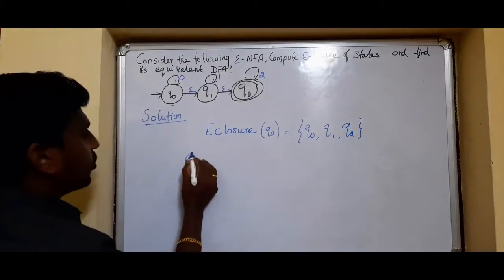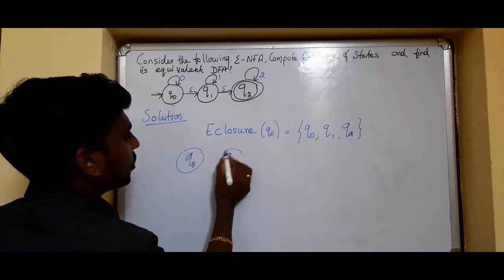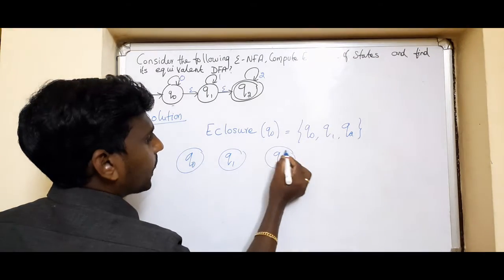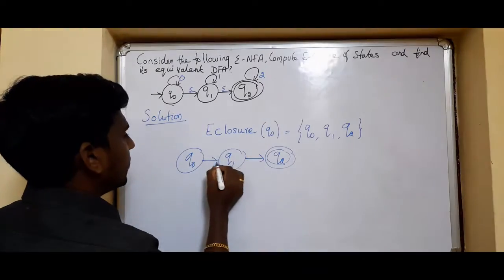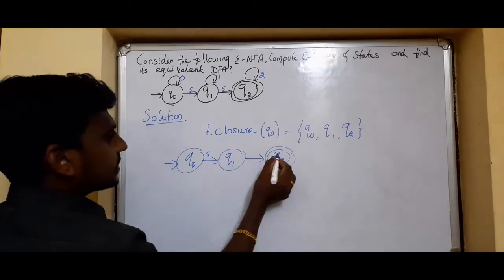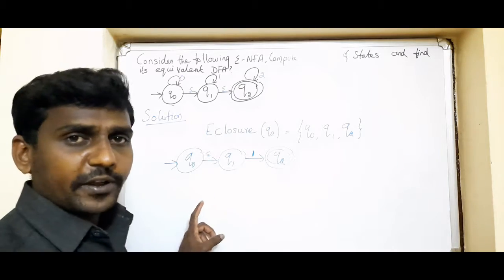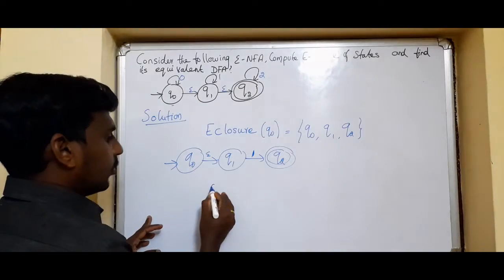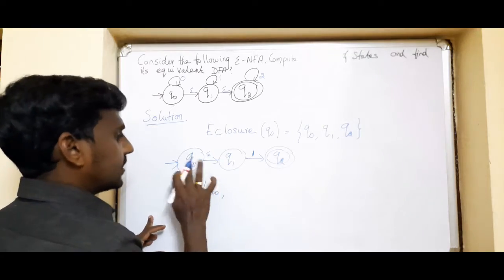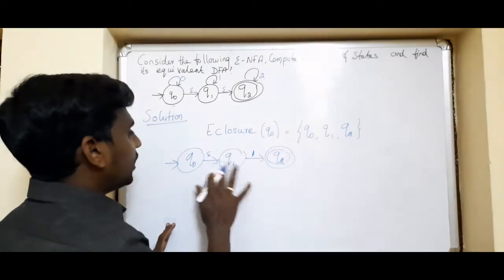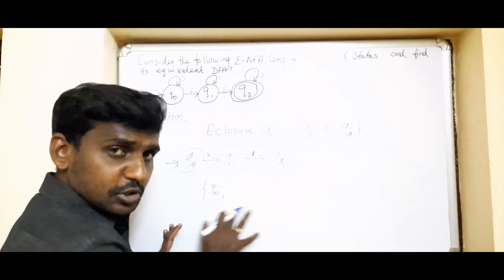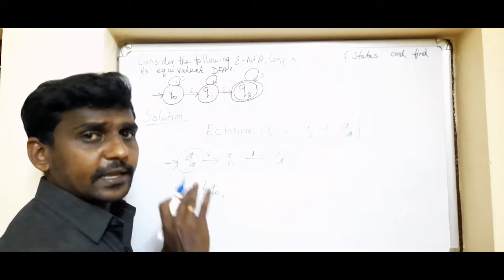Suppose the diagram is Q0, Q1, Q2, and here it is an epsilon move, this is the starting state. If I want to find E-closure of Q0, I have to write Q0 first. That is the mandatory thing. Then only I check the diagram.